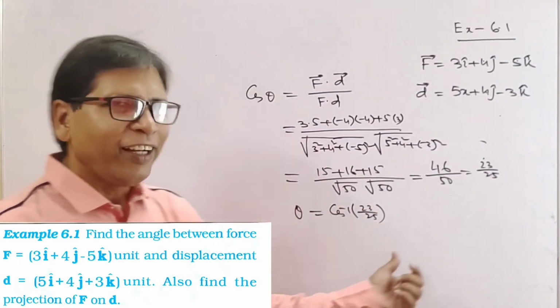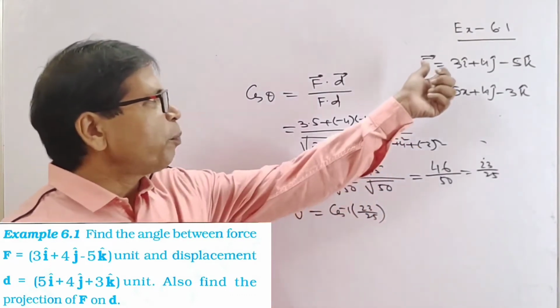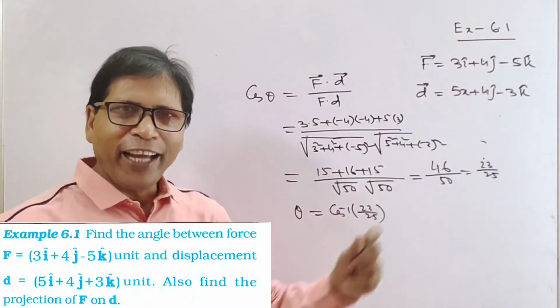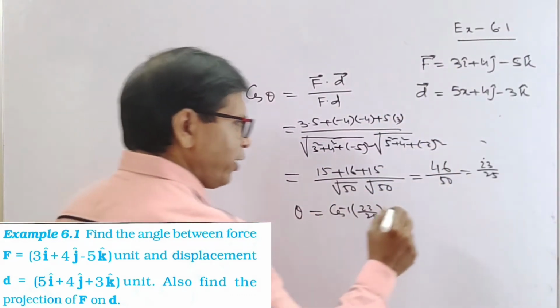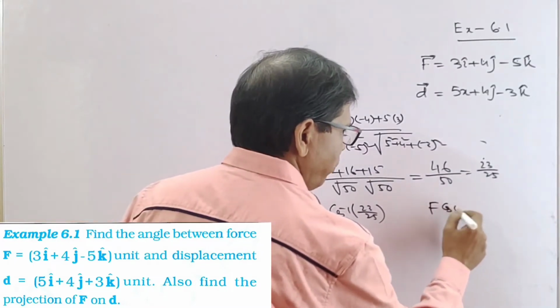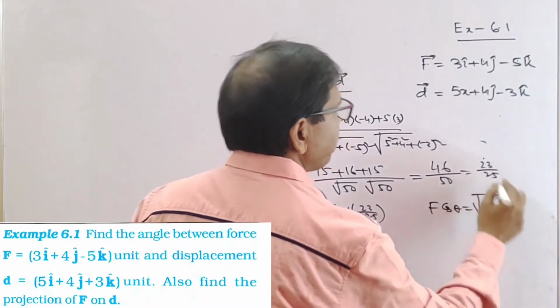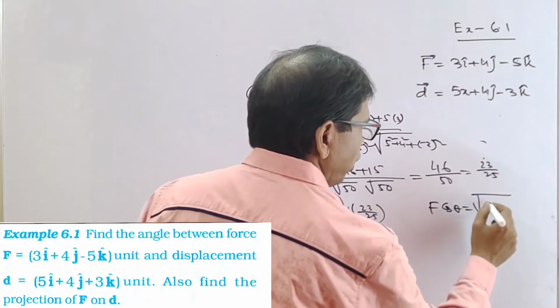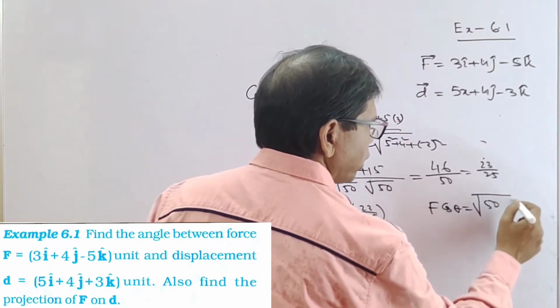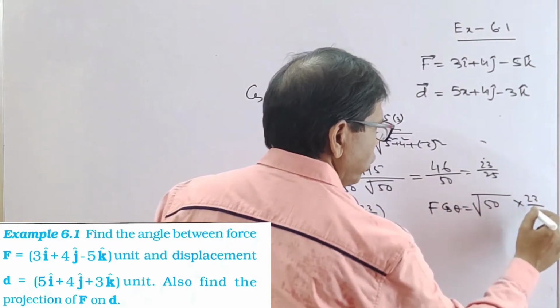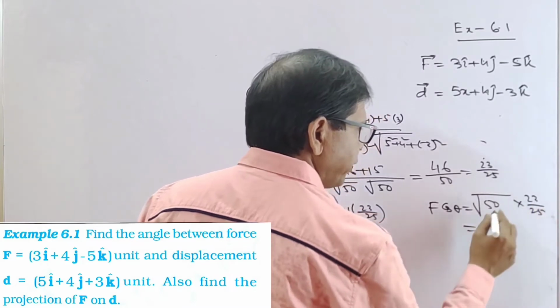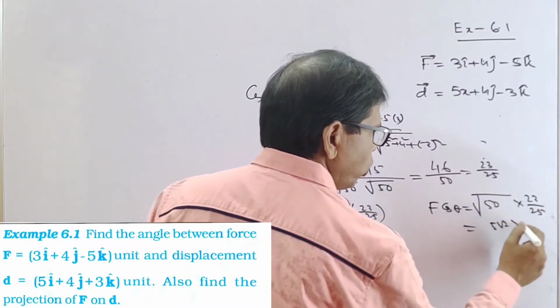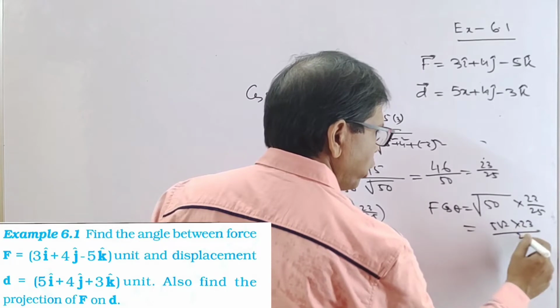Now next, the projection of F on D, that is F cos theta. F cos theta means magnitude of F, which is root 50, and cos theta, which is 23 by 25. So this is 5 root 2 into 23 by 25.